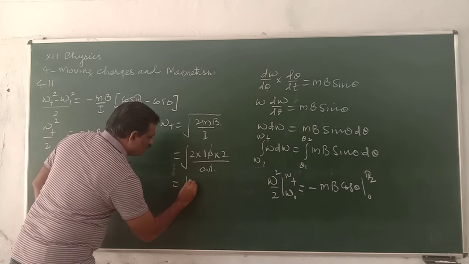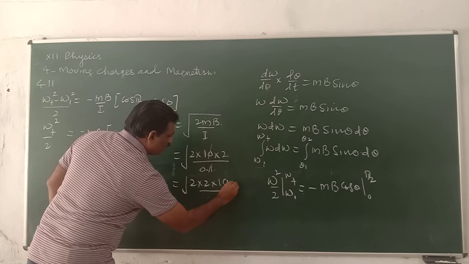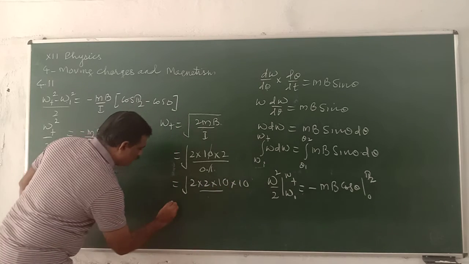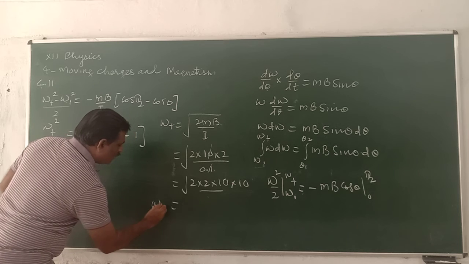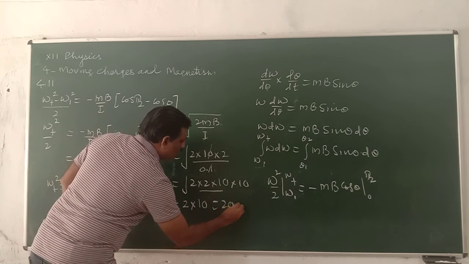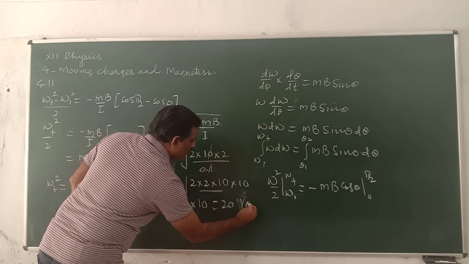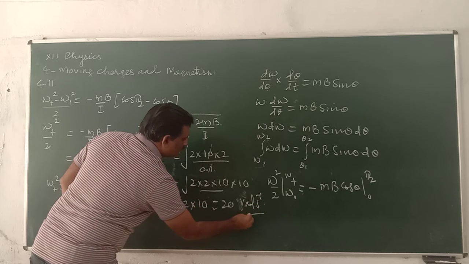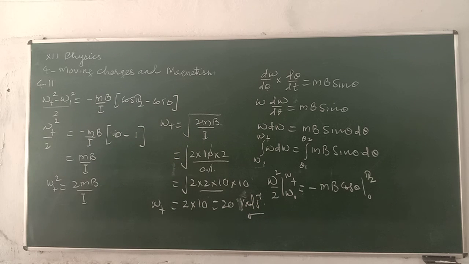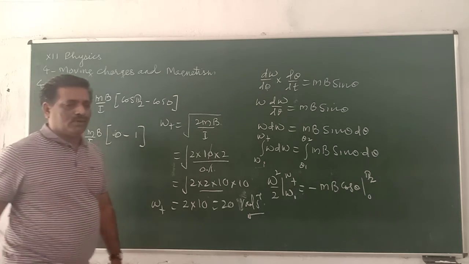So omega final is equal to 2 into 10, which is equal to 20 rad per second. Omega is in rad per second. This is the final angular velocity. That's all for this. Thank you.